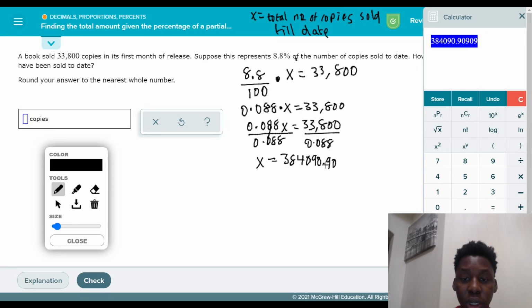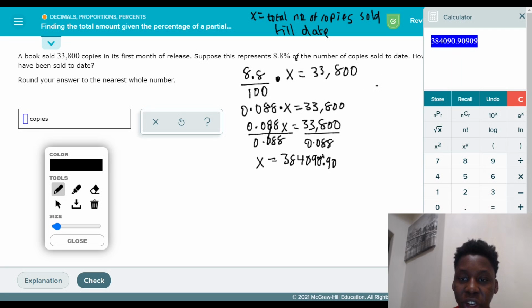The number after the dot in this case is 9, and 9 is greater than 5. So if the number is greater than 5, we add 1 to the number before the point. If it's not, we just leave it as it is and put 0 behind.